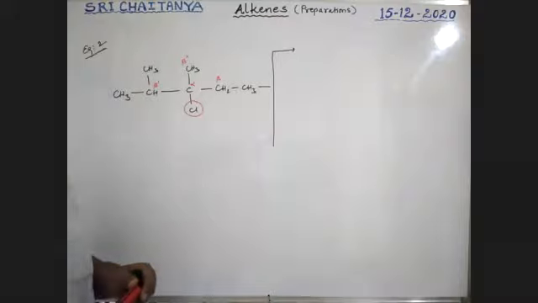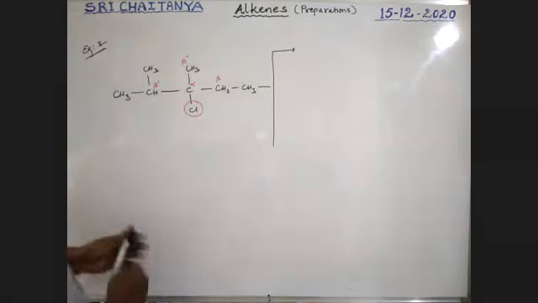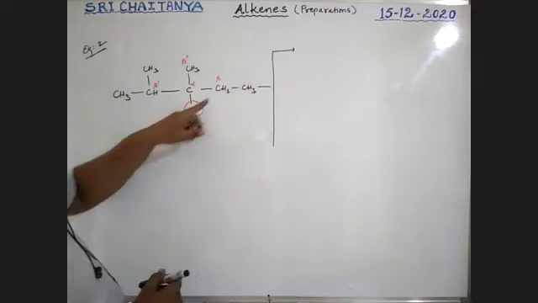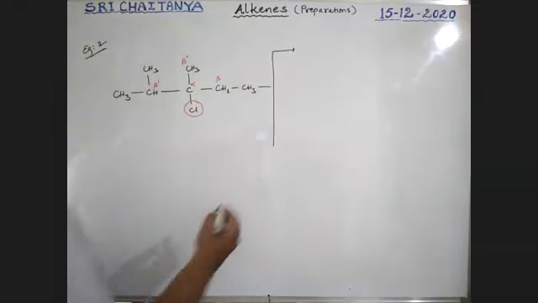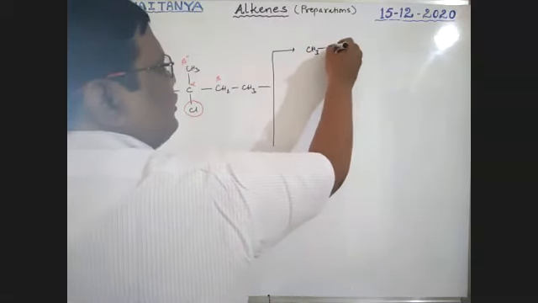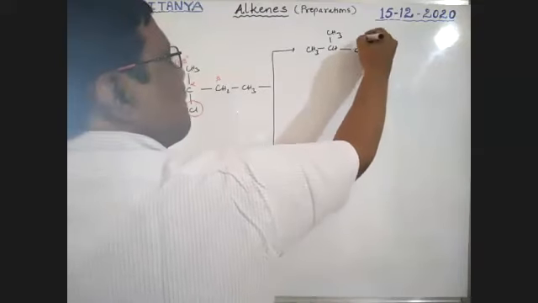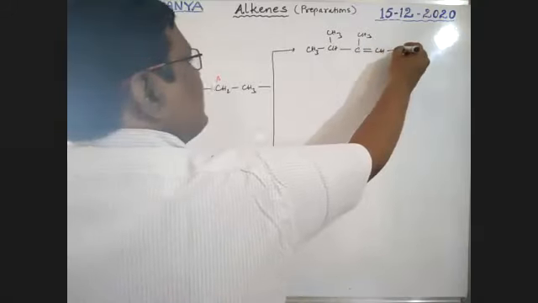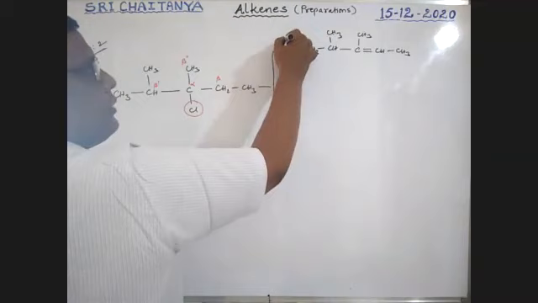So now, is elimination possible or not possible? It is a tertiary compound, boys, no doubt elimination is possible. So for this chlorine, I'm using beta elimination. This beta is used. So now our answer is CH3, CH, CH3, C, CH3, double bond CH, CH3, boys. I'm using beta hydrogen.